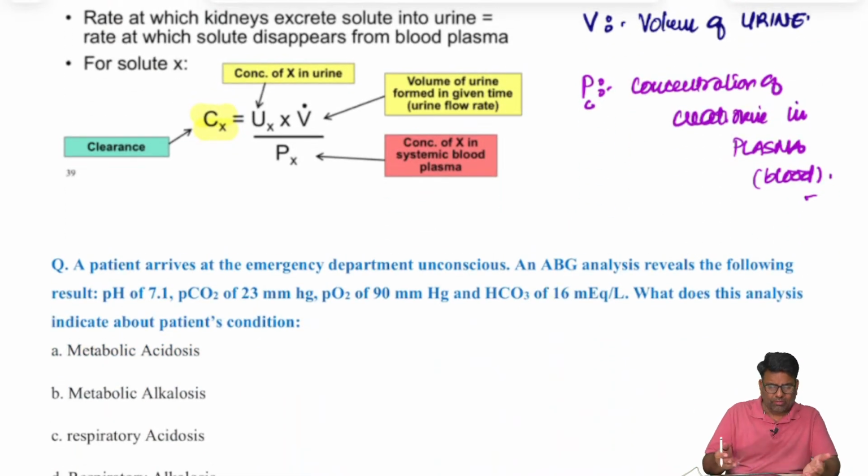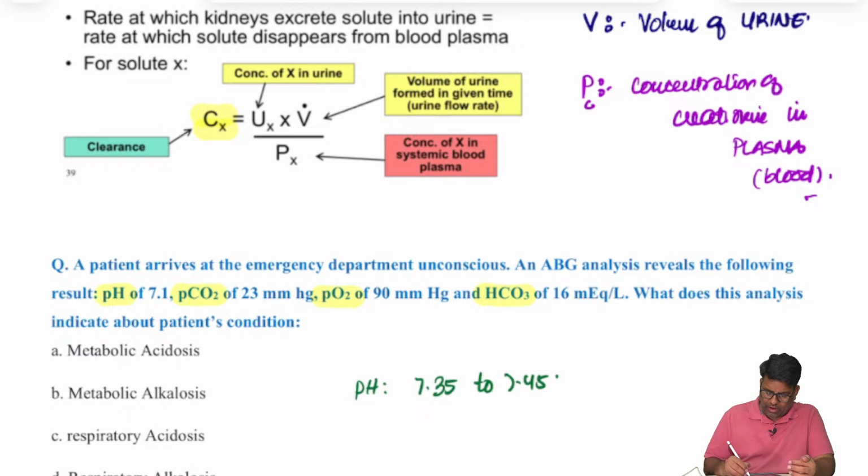Now then, a very important concept about ABG analysis. So here pH was given, PCO2 was given, and although PO2 was given, we are more interested in evaluating the bicarbonate, right? So the normal value for pH is 7.35 to 7.45, right?